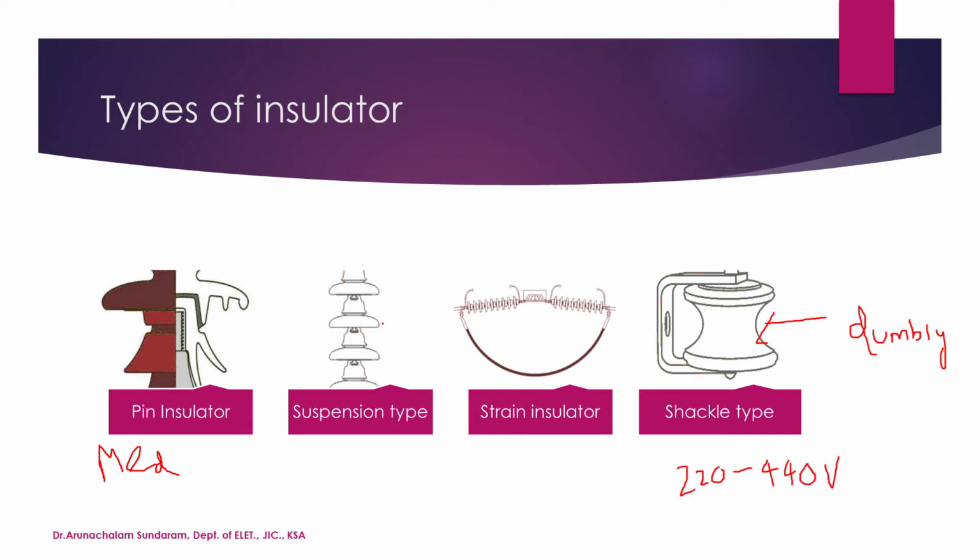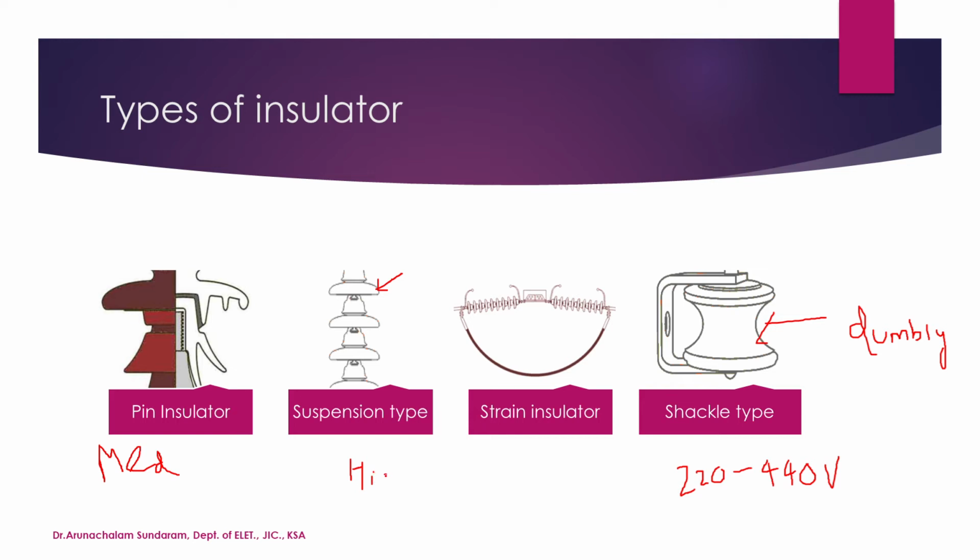This suspension type is a string of insulators. As I already told you, you can increase the length of the string. If you increase the number of insulating units, the dielectric strength of the entire string becomes high. So we can use this for high voltages. We can keep on adding units to reach the desired voltage level.